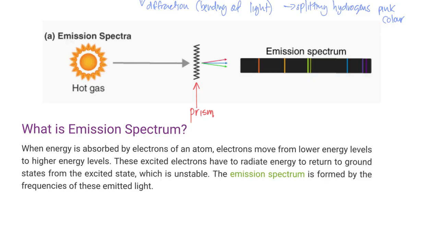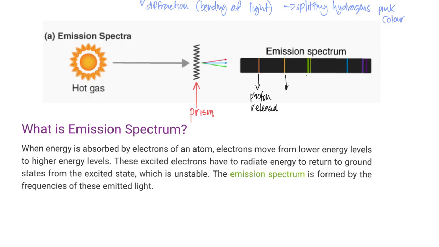You'll notice about the emission spectrum is what we've said before. Every time I see a color, that is a photon released.